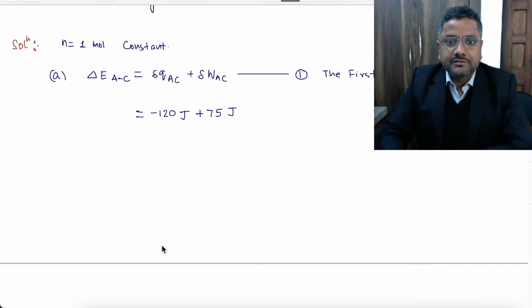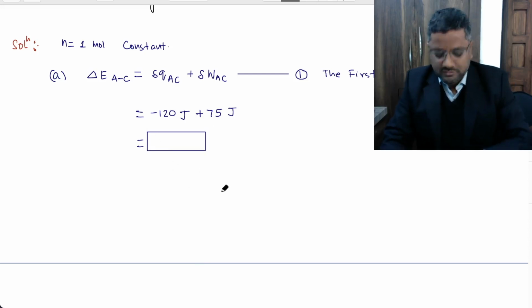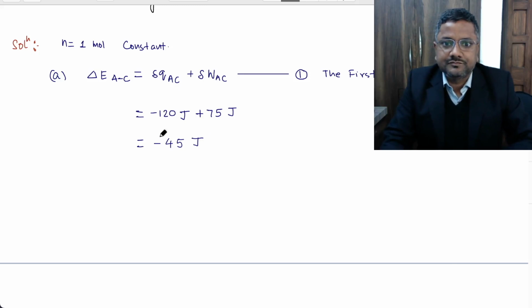So delta E A to C is equal to minus 45 joules, and this is the answer to the first part.